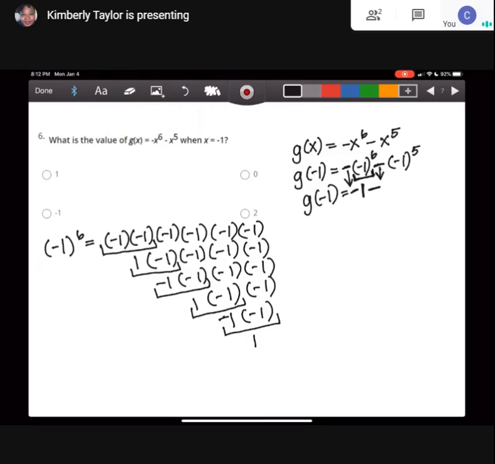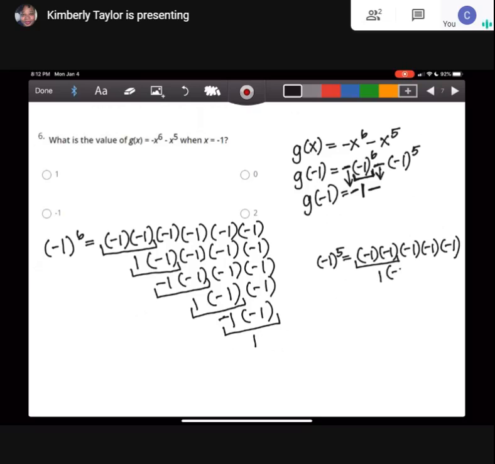So now you need to do negative 1 to the 5th power. Until you learn the rules, this is probably what you're going to have to do. Write this 5 times. And because it's a negative 1, it's not that difficult when it comes to multiplying. So that's 1, 2, 3, 4, 5. Take 2 at a time.